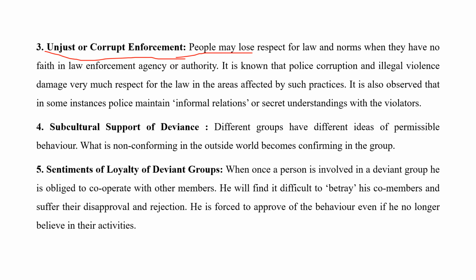Going out at night. Now, fourth is subcultural support of deviance. Different groups have different ideas of permissible behavior, right? What is not conforming outside becomes conforming in the group. So again, the time and context and the place, and the group that we belong to, according to them, it changes.